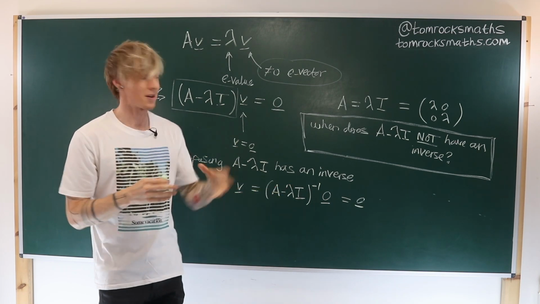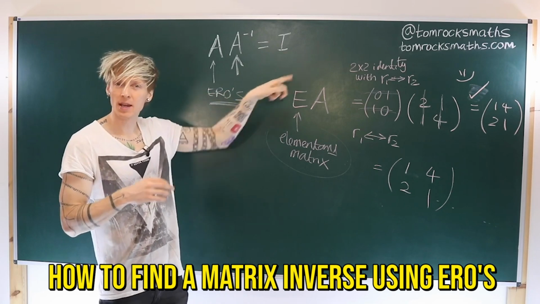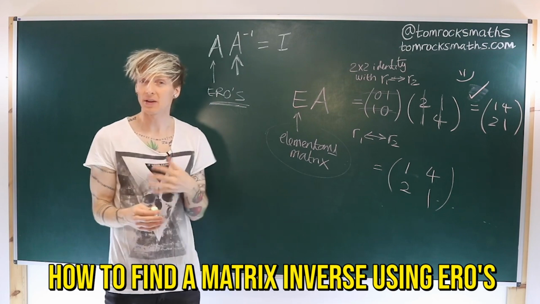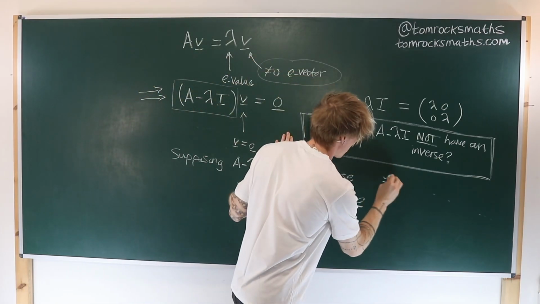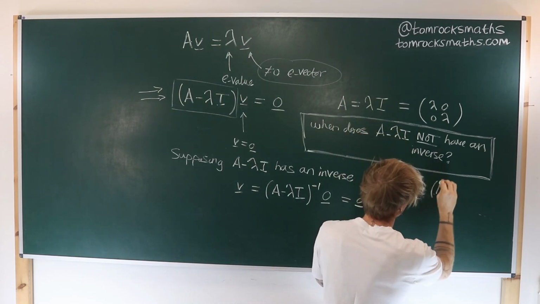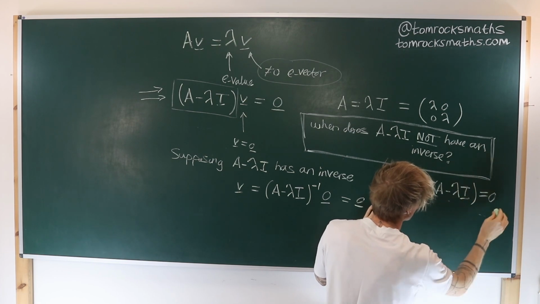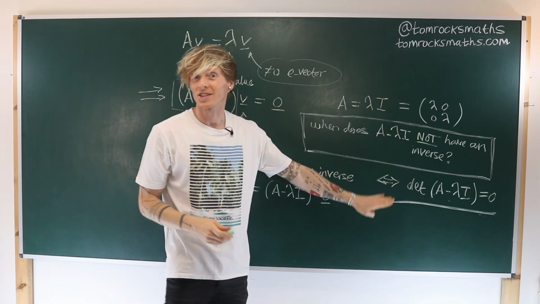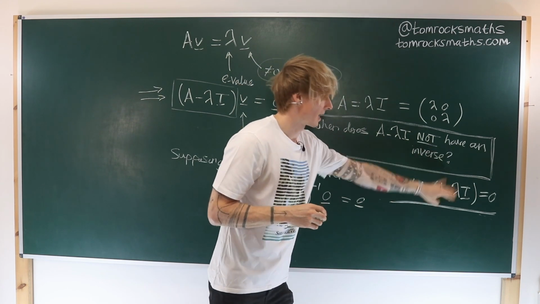Now, we've talked about inverse matrices in earlier videos in the Oxford Linear Algebra series, and we saw the condition to not have an inverse is exactly when the determinant of A minus lambda I is equal to 0. So this is the equation that we solve to find the eigenvalues lambda.